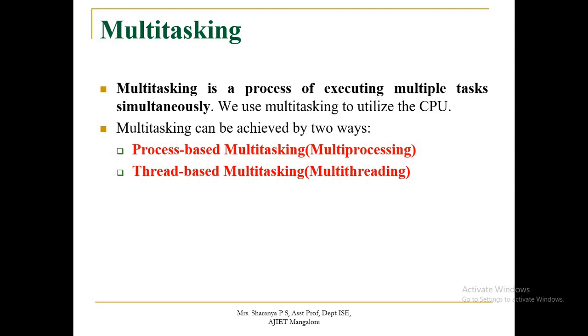What is meant by multiprocessing or process-based multitasking? First thing, what is meant by a process? The program under execution, we call it a process. When we execute any program, it needs to be loaded onto the CPU and then it needs to execute.